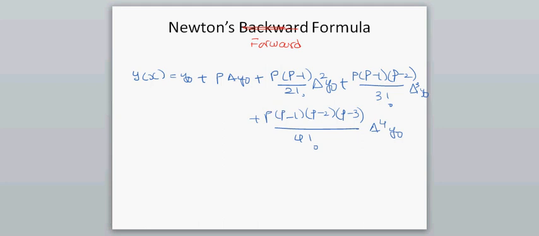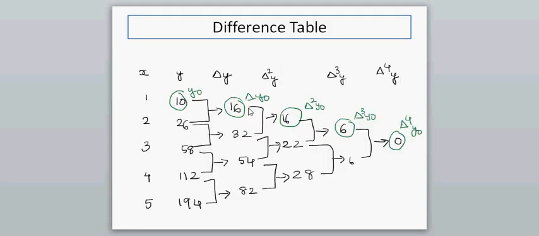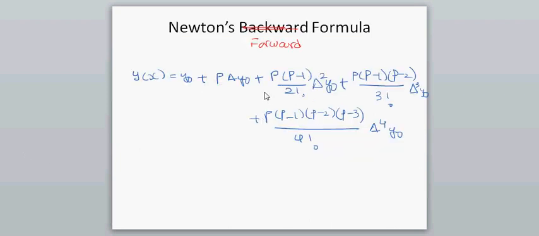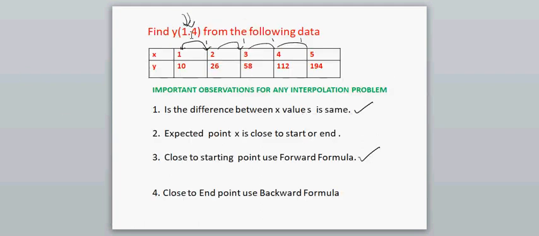Now from the table you will get all the values, y naught, delta y naught, delta square y naught and everything. But what about this p? p is calculated based on the step size and the point: x minus x naught by h. If you look at the given table, they're expecting the answer at x equal to 1.4. And what is the common difference between x values? That is the step size h, which is 1 in this case, and the starting point x naught is 1.